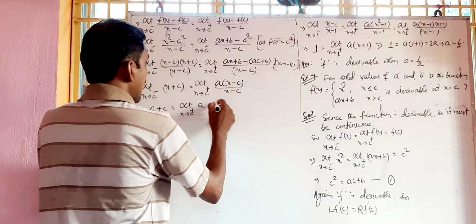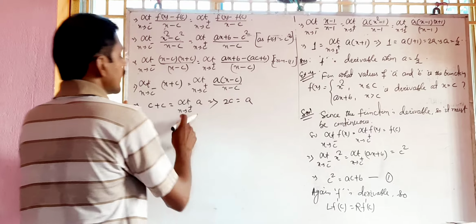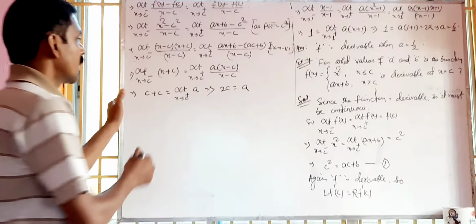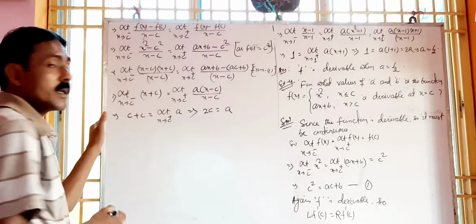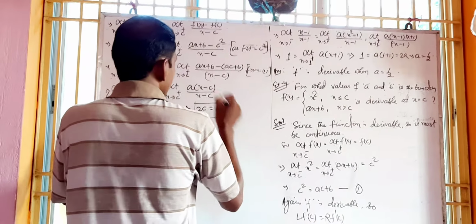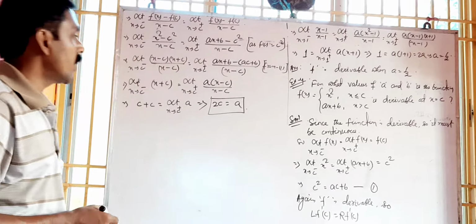This implies c plus c is equal to limit x tends to c plus, which will be a only. So 2c is equal to a, because here no x is there, it is a constant function. So the value of a is 2c. This is one value. Now if we put this value in 1, we can get the value of b.